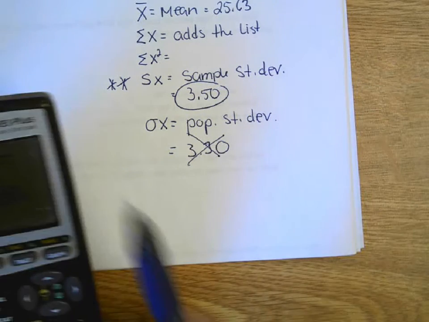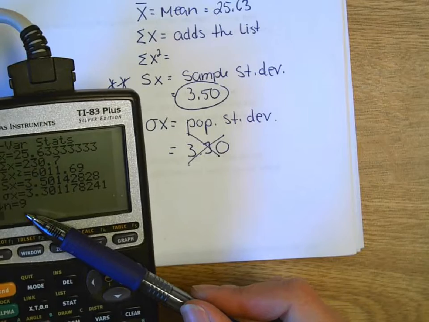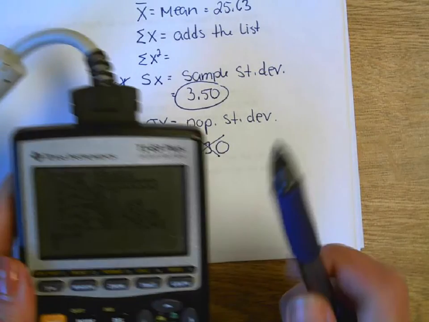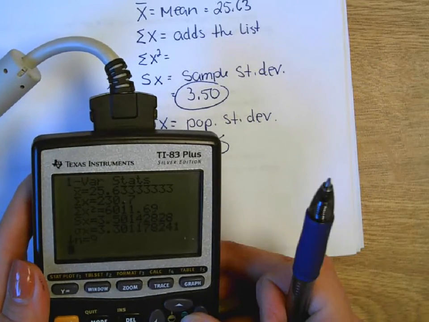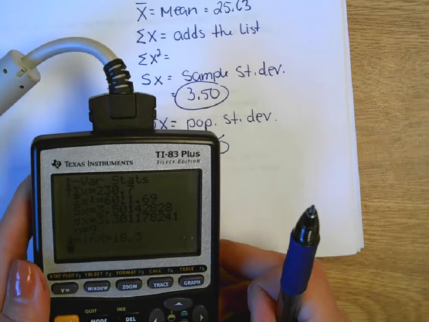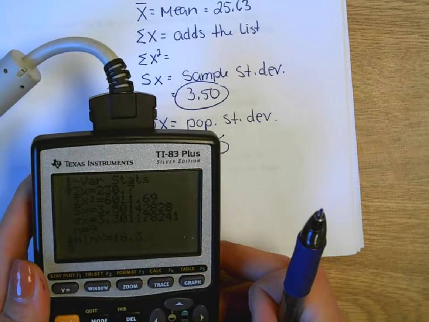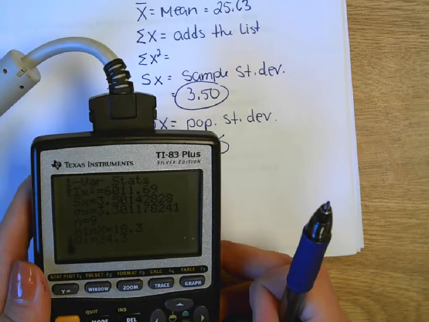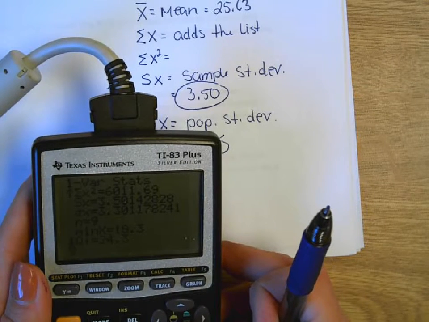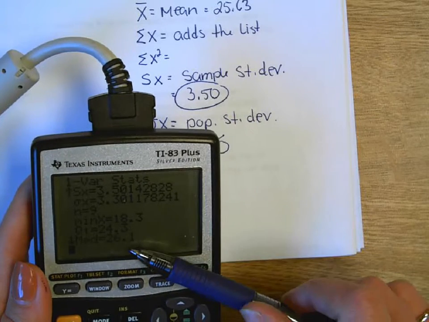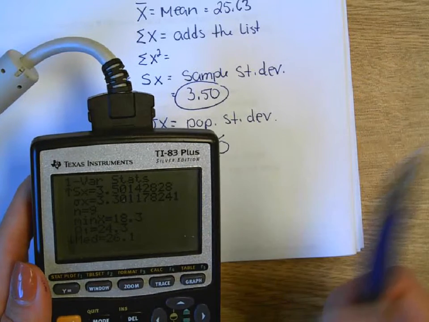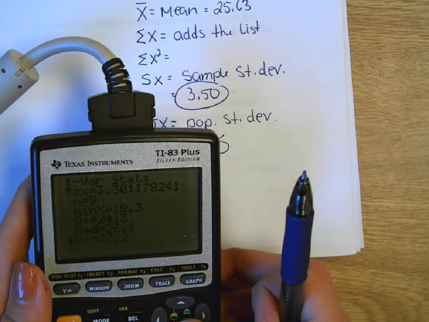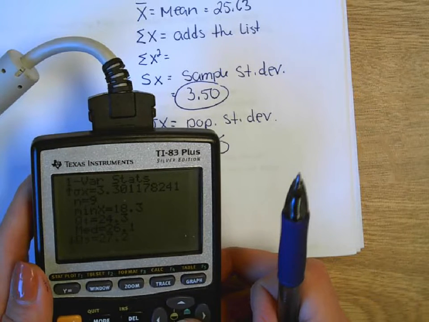My calculator shut off. N is 9. That's just telling me how many data values I had. And you see the arrow down? Everybody should have more information. Let's see what's there. It's giving us the minimum. Q1, you will know what that is in the next section, so don't worry about Q1 at this point. The median, that's the middle number. Q3, again, the next section.